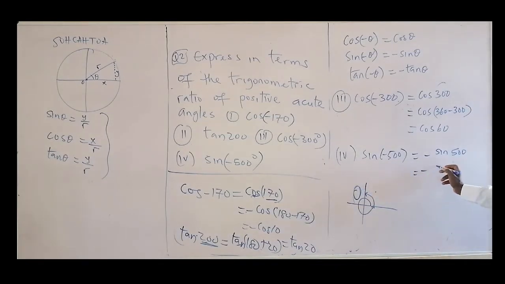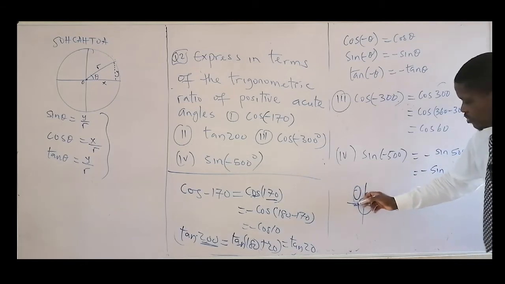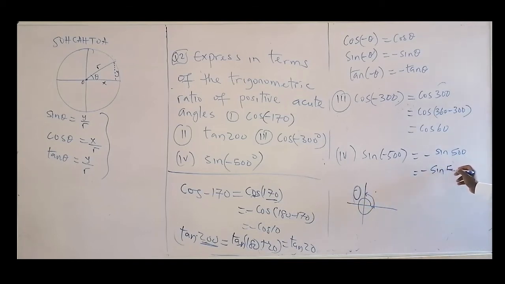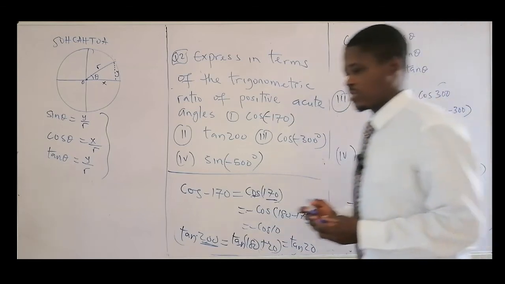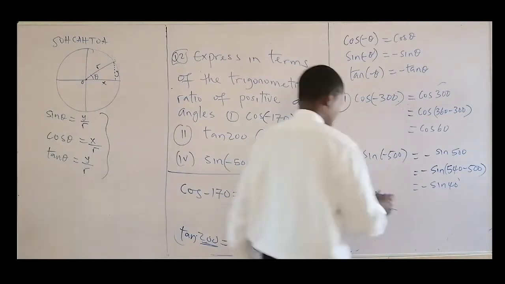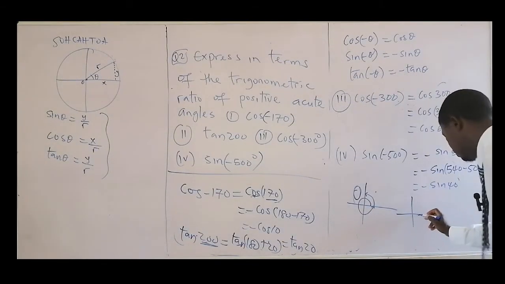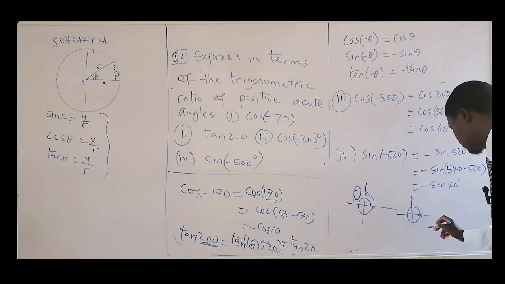So that will be equal to sine of, the total in this region will be 540 minus 500, and that will be minus sine 40. That's minus sine 40. This is the 360.